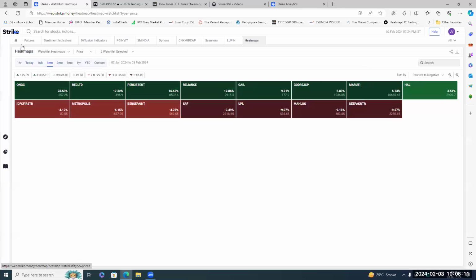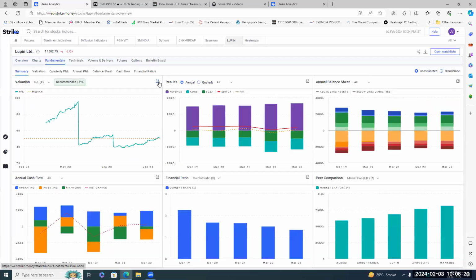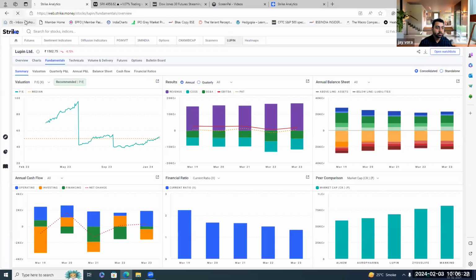The second feature is that we have brought in the valuation parameters along with the recommended parameters, along with the RMI setup. Just go to charts, please.